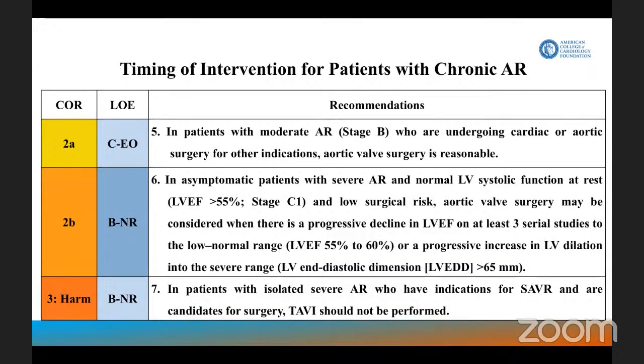For patients with moderate AI, stage B, who are undergoing cardiac or aortic surgery for other indication, then aortic valve surgery is reasonable as a class 2A.